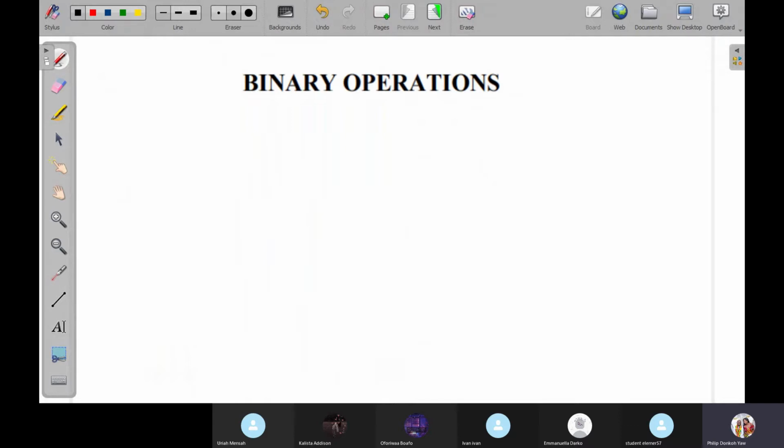Okay, I believe when you started mathematics, you started dealing with some operational signs, isn't it? Yes. And these operational signs included which ones? Can you mention some of them? We had operational signs like what? Addition. Yes.